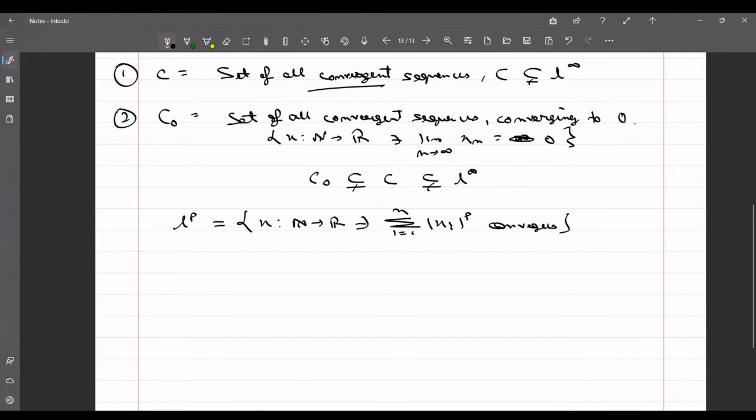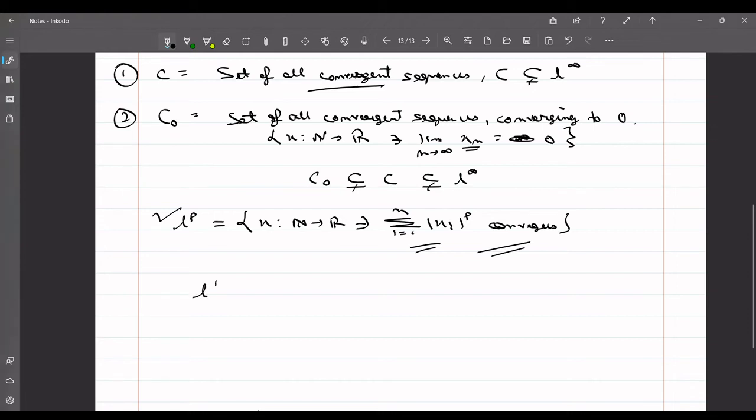So this is just a special case of C0, we might say, because if limit n tends to infinity xn equals 0, then the summation of xi to the power p will also converge, right? Or rather, I can say it like this: if this statement appears, then C0 is bound to appear. But this is not mandatory to take place all the time.